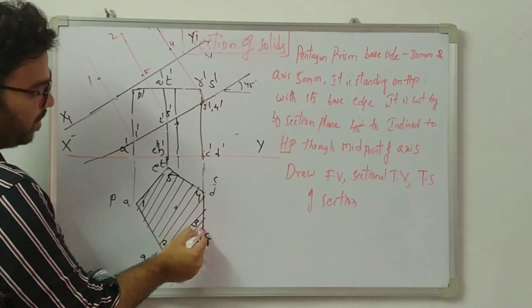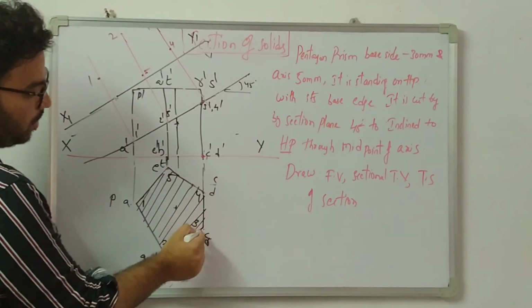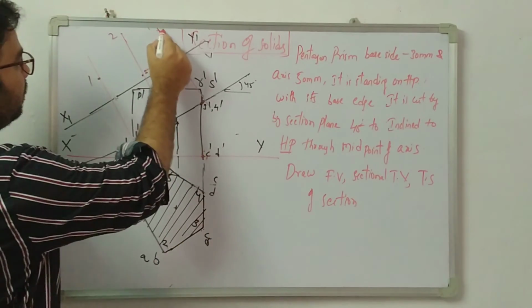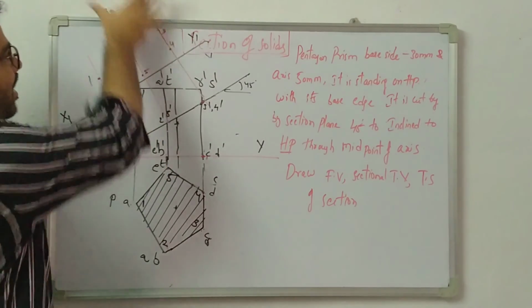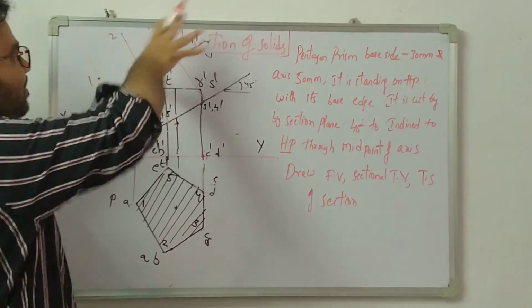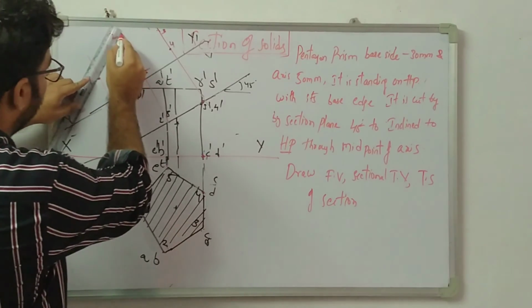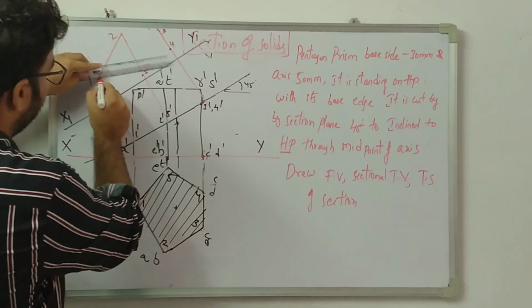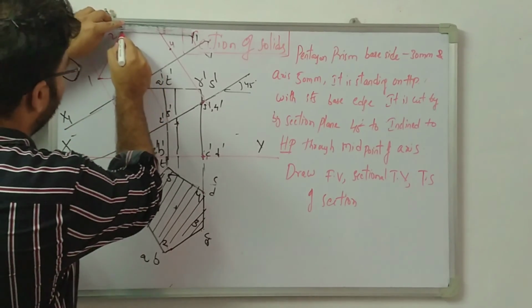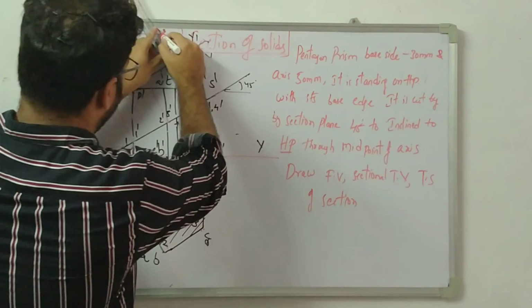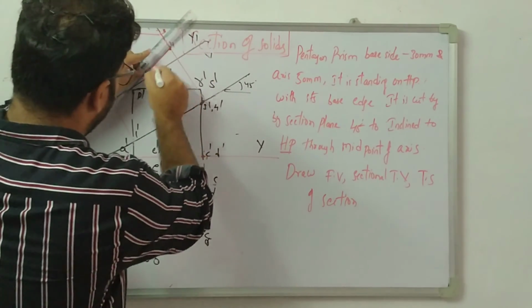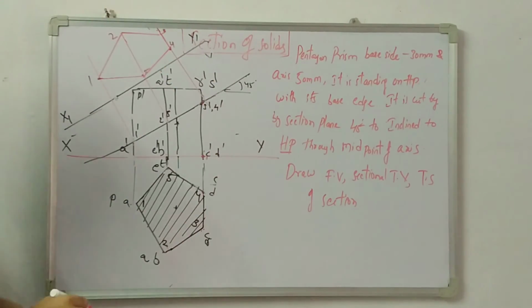Similarly, here to here, you measure, this is the 3rd cutting point, you will get somewhere here. So you will get exactly the upside, you will get the bigger size, you measure it, you will get clearly. I don't have space, I am drawing there. Now you will get a pentagon shape. So this is the true shape of the section.